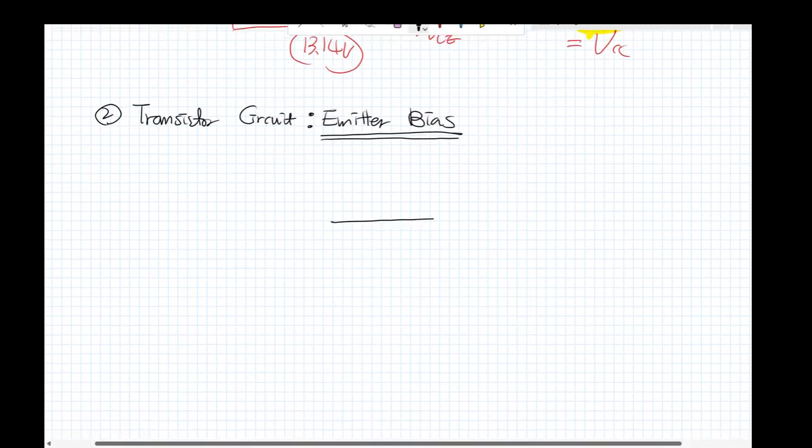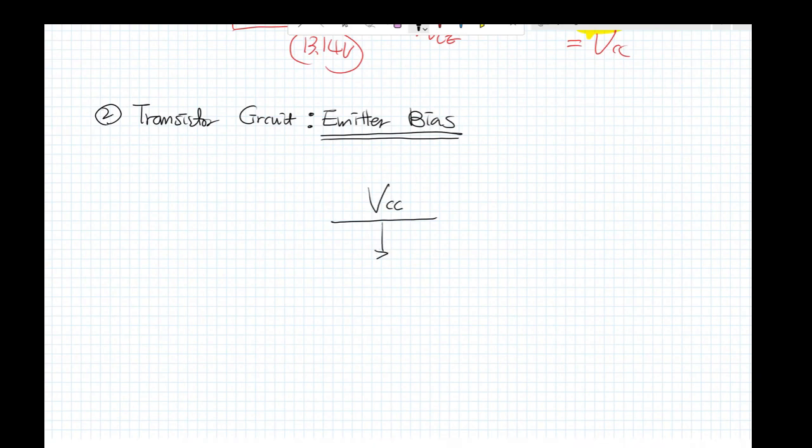So the emitter bias circuit, that was V sub CC. That was the R sub C here. Definitely, that was V sub CE, there's a C point, and that was the emitter side. Okay, and that was the voltage supply, the base part.